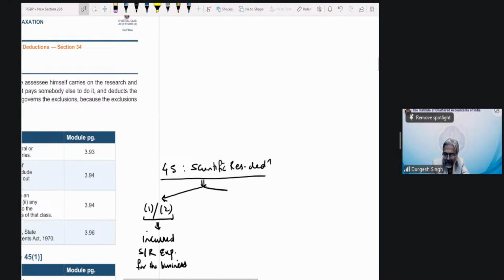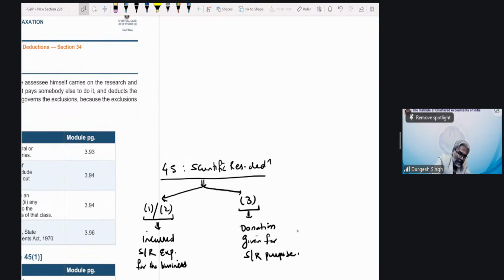And the second one, students, which is subsection 3, is about the donation which is given for scientific research purpose.